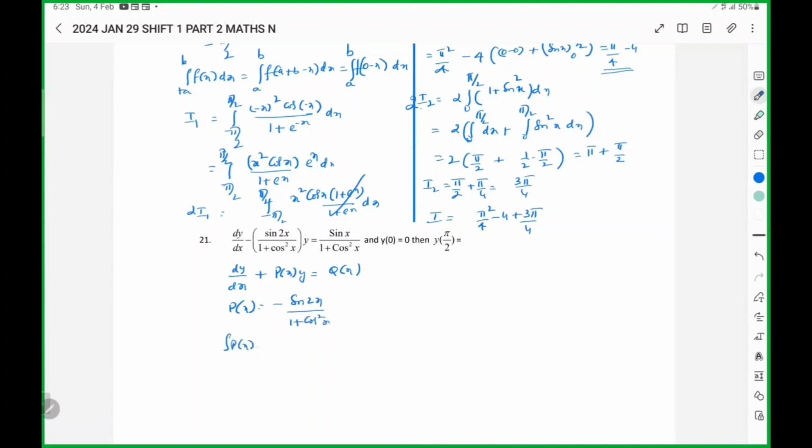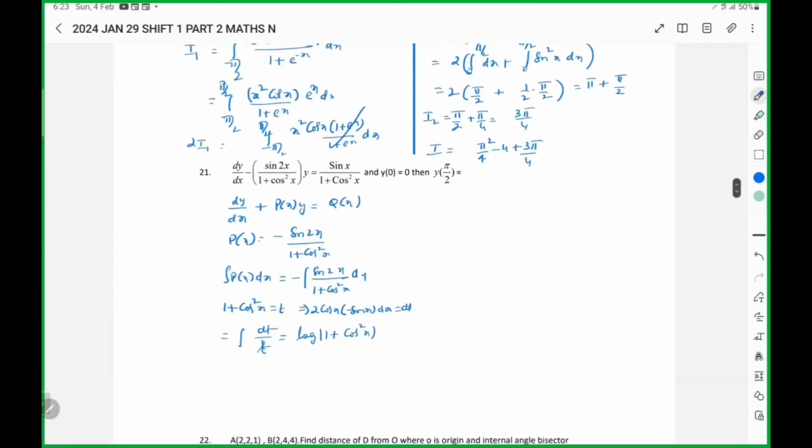Integral P of x dx, 1 plus cos square x dx. Assume it as t, 2 cos x again minus sin x dx is dt. So dt by t, which is log t, log of 1 plus cos square x.